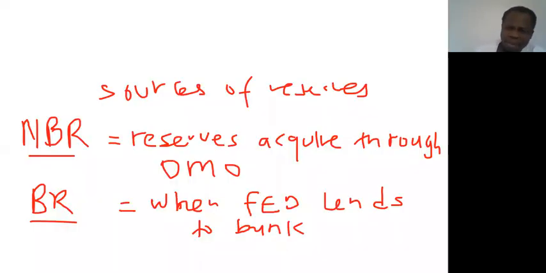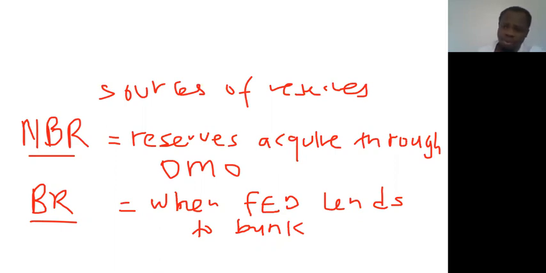Okay, so now we are looking at the sources of reserves. In our previous discussion, we looked at the factors that can influence our monetary base, and we were particular about the reserves. So this we are talking about the sources of reserves. Now the first thing that we are looking at is non-borrowed reserves, which I've named as NBR.